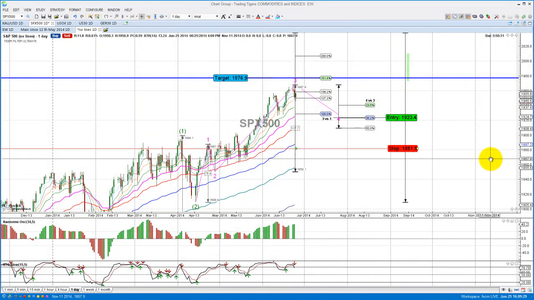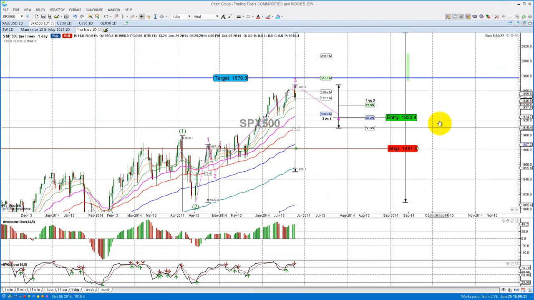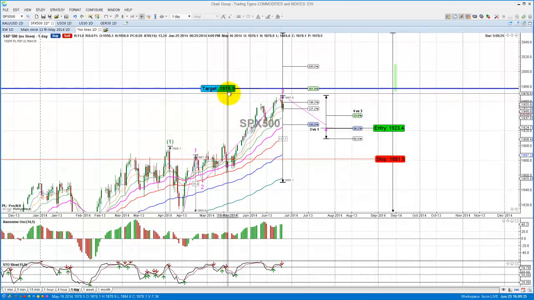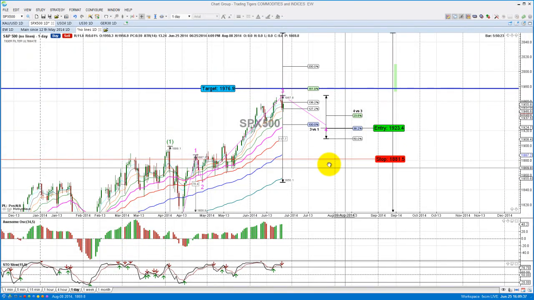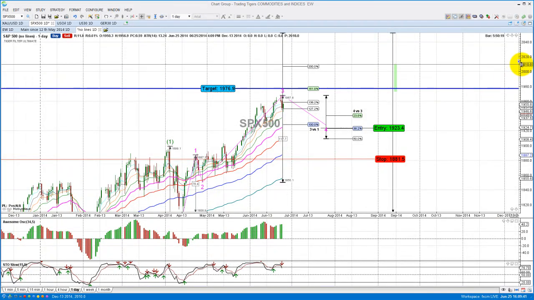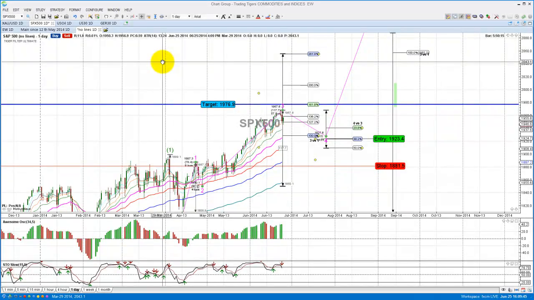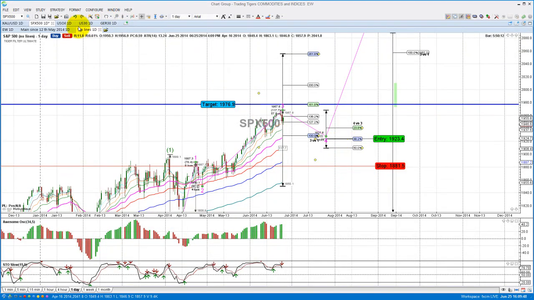And as for targets, we can consider one target at 197.6, but we will be targeting further up, and we will go through that after the wave 4 has been completed.